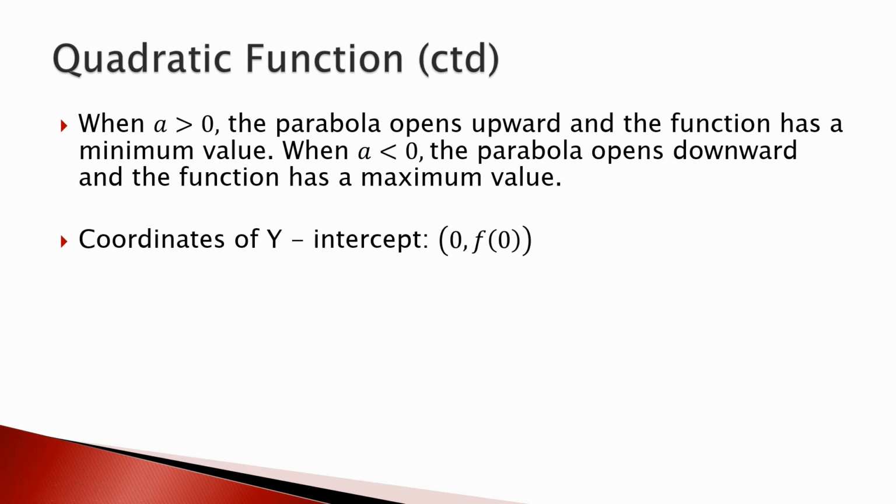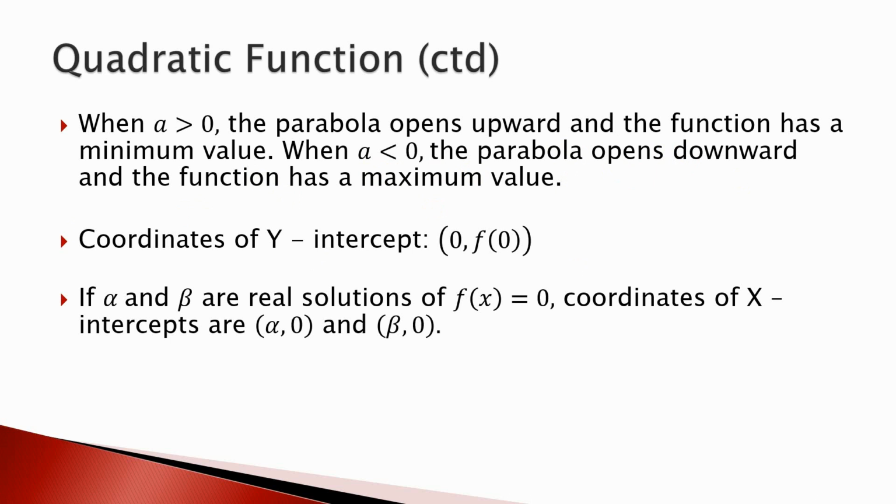Coordinates of the y-intercept are 0, f of 0. So on the y-axis, the x coordinate is always 0, and if alpha and beta are real solutions of the equation f of x equals 0, coordinates of x-intercepts are alpha, 0 and beta, 0.